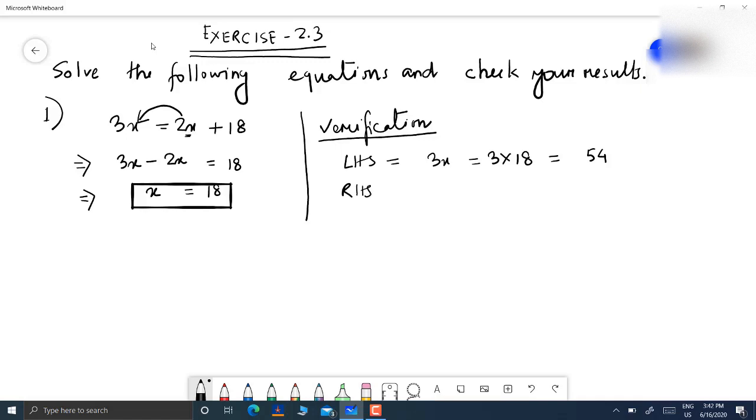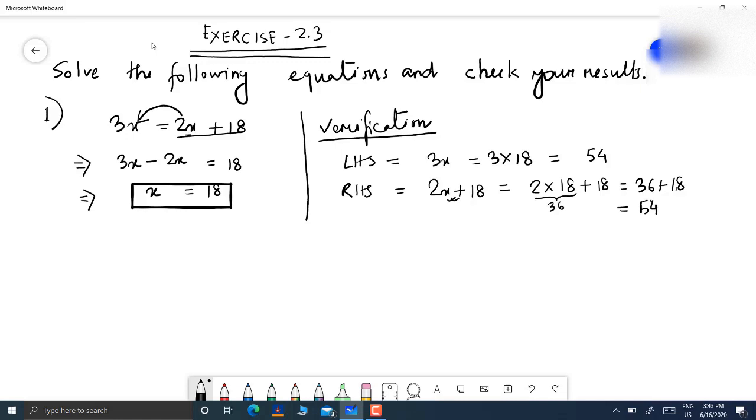While on the right hand side, I have twice x plus 18. So again, in place of x, I put the value 18, giving 36 for this part. So the result will be 36 plus 18 is equal to 54. The result comes as 54.